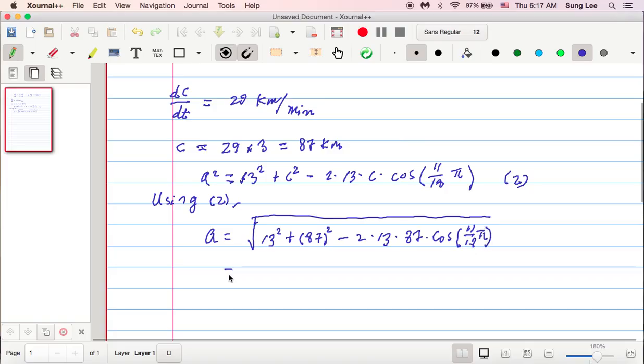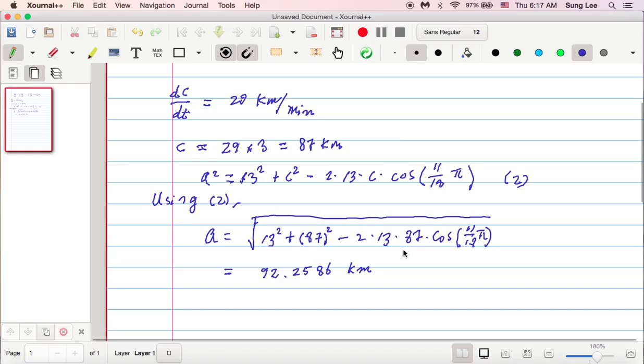This is where we need to use a calculator or a computer to evaluate this. That's going to be 92.2586. The unit is, of course, kilometers.